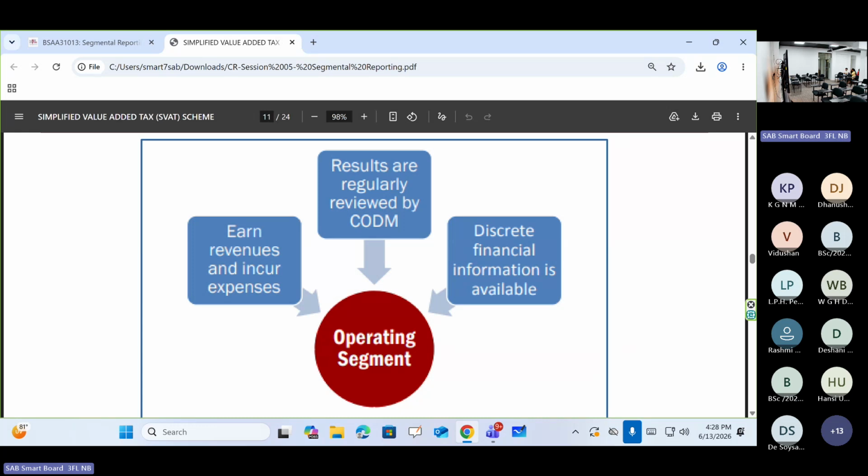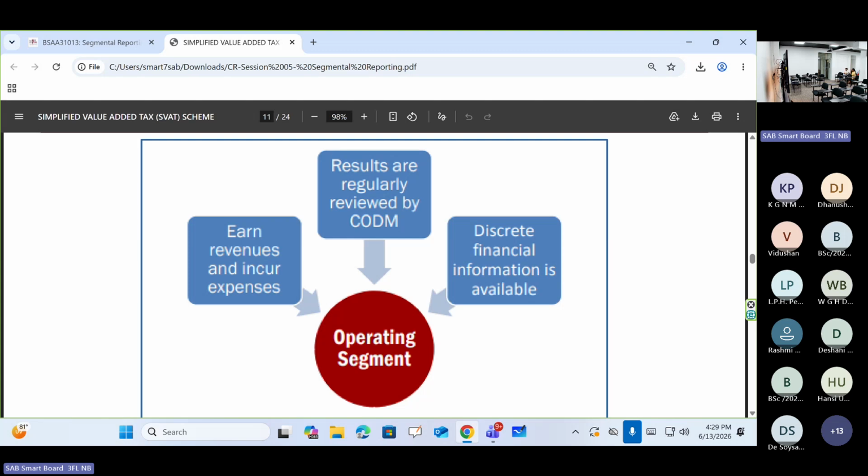Out of these 4 questions, you need to select 3 questions. Each is worth 10 marks. 70 plus 30, 100. Here we are testing different areas: segmental reporting, earnings per share, fair value, financial instruments, and agriculture.